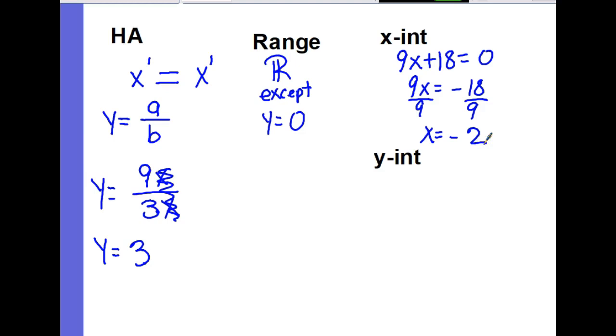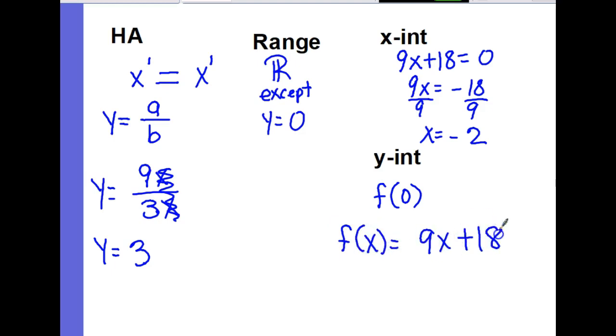On your yellow notes, it says that for the y-intercept, you solve f of 0. What does that mean? Write down the original equation or the factored equation. It doesn't matter which one. In place of the x, put a 0.